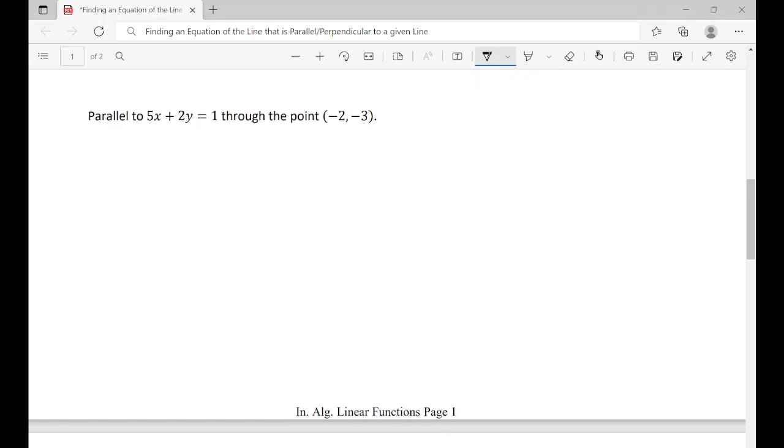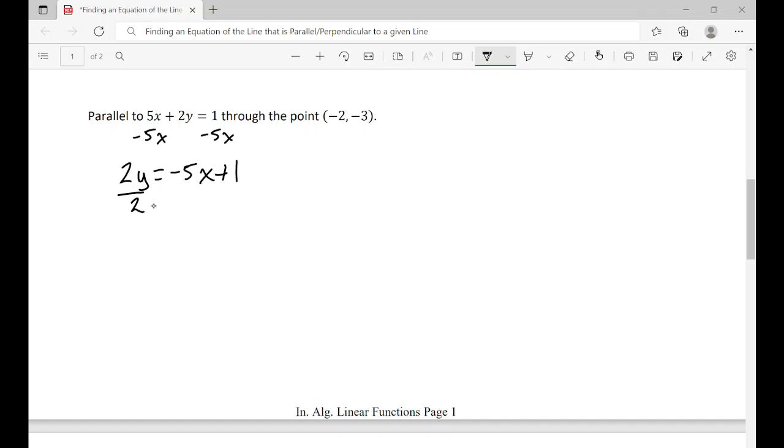Now let's do it again. We're going to find a line that's parallel to 5x plus 2y equals 1, and it's going to go through the point (-2, -3). So we've got to get the slope of this line, and it's not in y equals mx plus b form, so we're going to get it into that form. So we're going to subtract 5x from both sides, and we're going to get 2y equals -5x plus 1.